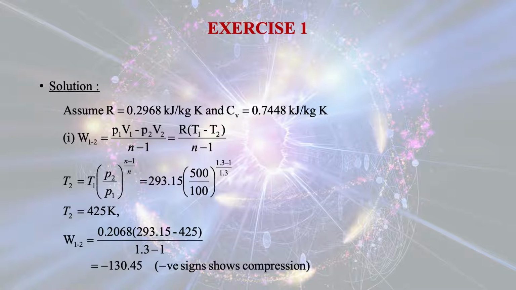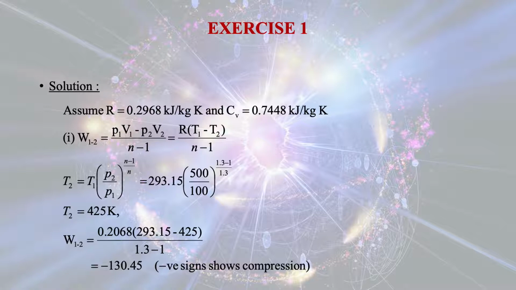For this case, we know very well that T2 can be expressed as T1 times (P2 by P1) to the power (n minus 1) by n. Here n is given, that is 1.3, P2 is given as 500 kilopascal, P1 is given as 100 kilopascal, and the temperature for T1 is given as 20 degrees centigrade.